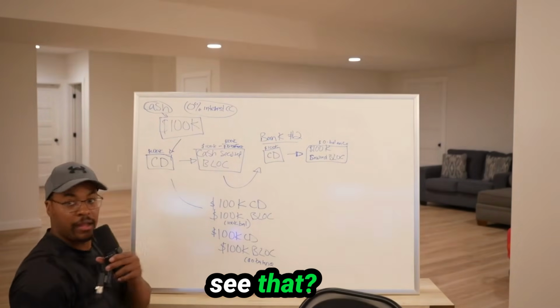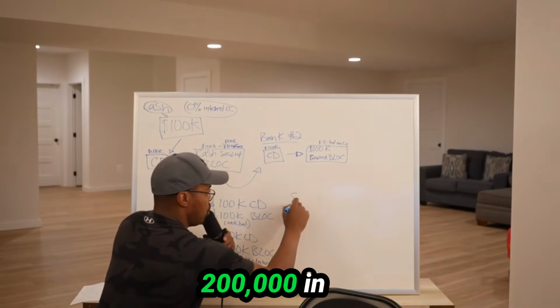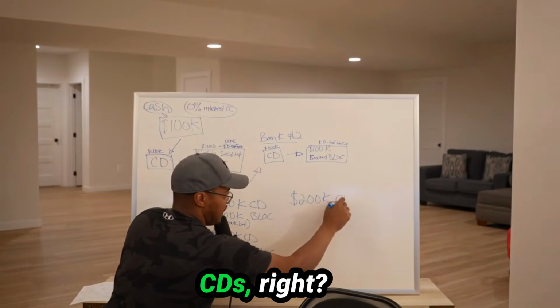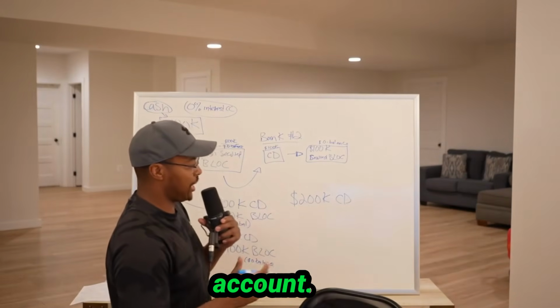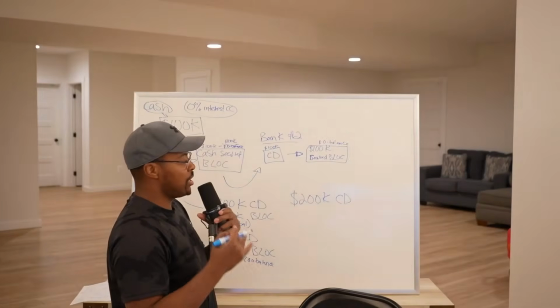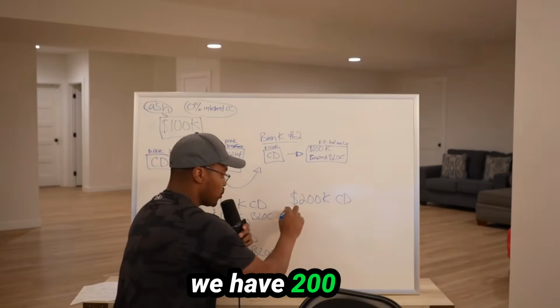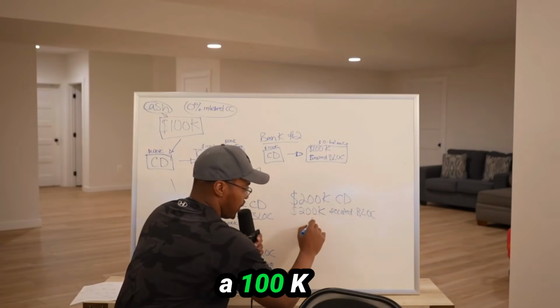All right, can y'all see that? So let's summarize this. In total, we have 200,000 in CDs, right? A certificate of deposit is considered a demand deposit account. Checking accounts, savings accounts, money market accounts are all considered demand deposit accounts. We have 200K in cash secured BLOCs with a 100K balance.